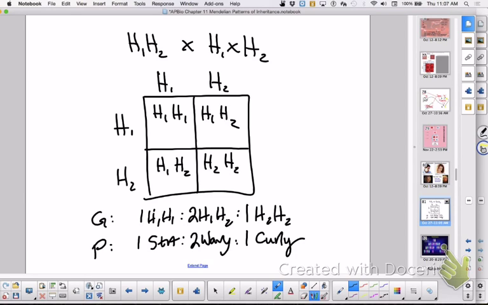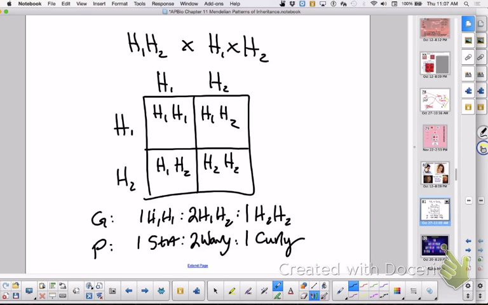Okay, little tip. When you get a cross, and from that cross you get 3 different phenotypes, it's probably an example of incomplete dominance. And the genotype ratio will match your phenotype ratio, because each genotype expresses its own unique phenotype. Do you see that? Each genotype has its own unique phenotype.